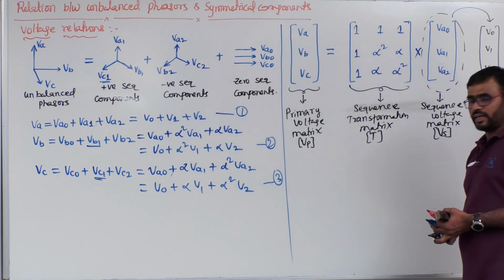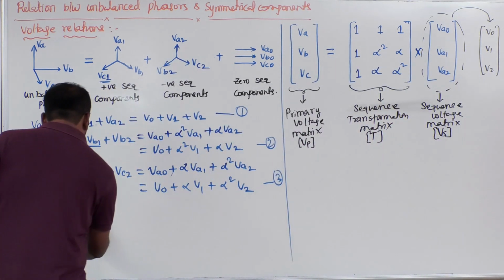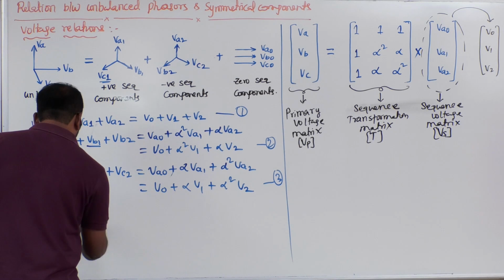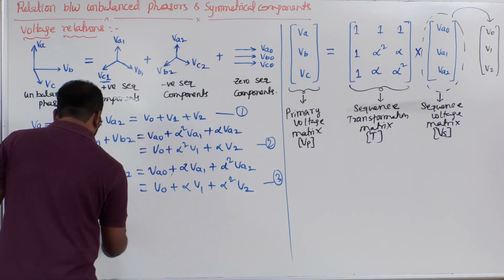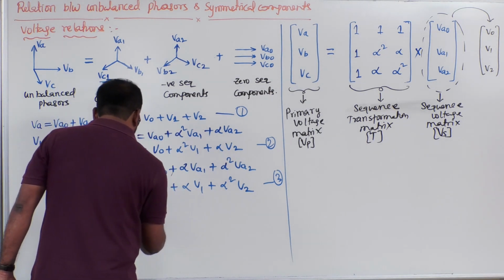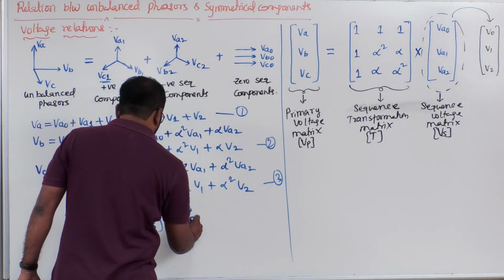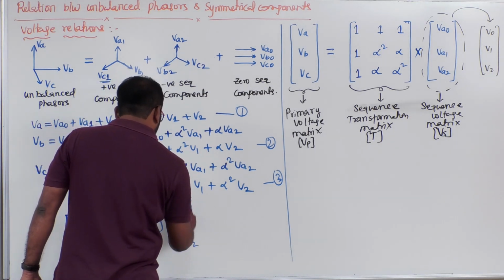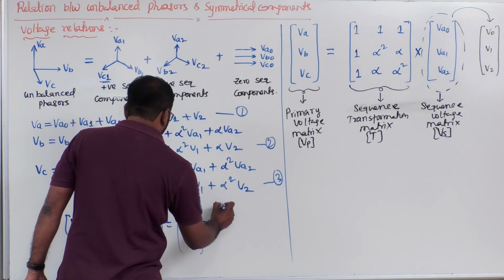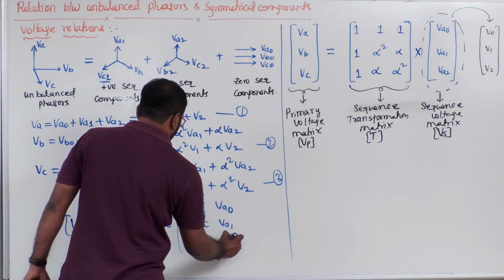Clear, sir? Careful again. What is VP? I am just writing here. Matrix VP is nothing but VA, VB and VC. Then what about matrix Vs? Sequence voltage matrix. You can write simply V0, V1, V2. Nothing wrong to write VA0, VA1 and VA2.